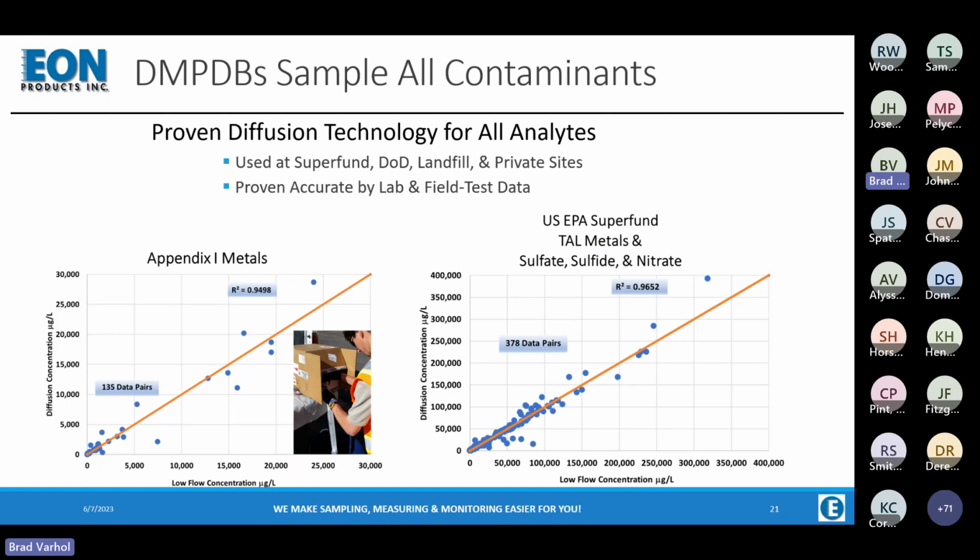Some test results showing comparisons that have been proven over the years for the dual membrane for other compounds. Lots of people, especially landfills, are interested in Appendix 1 metals.